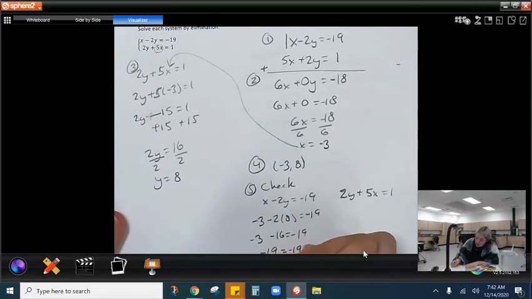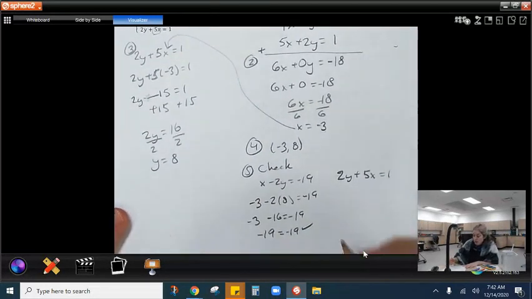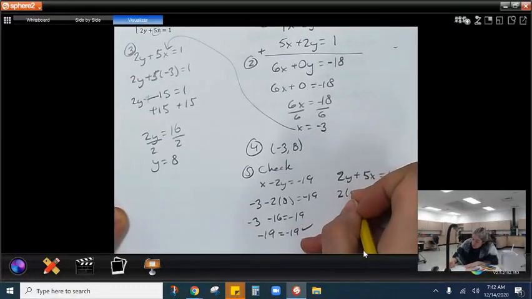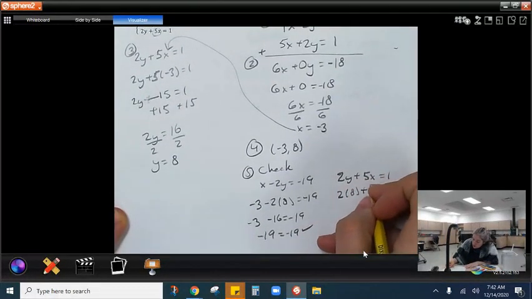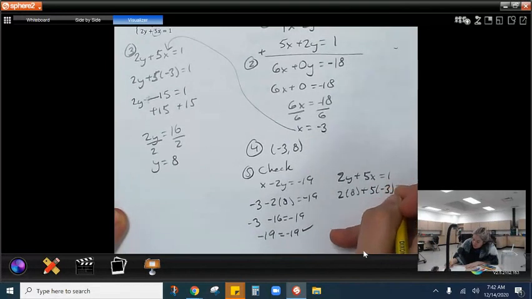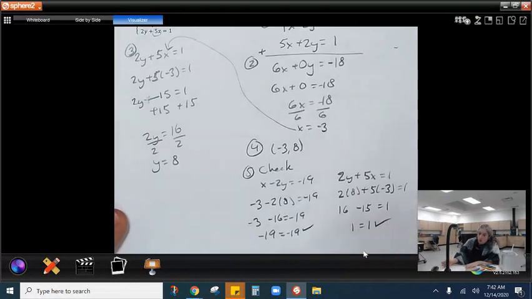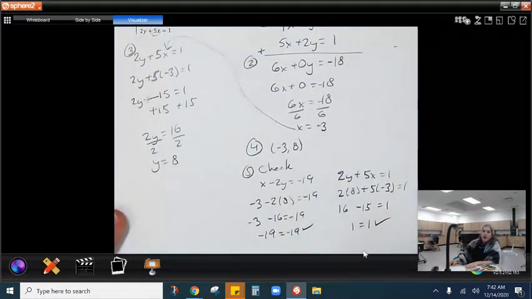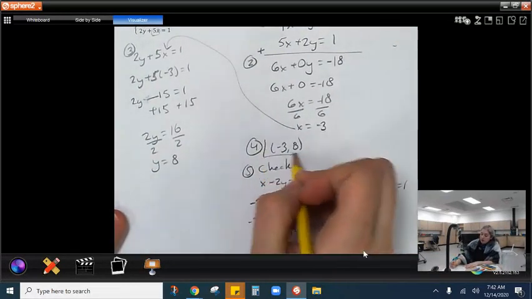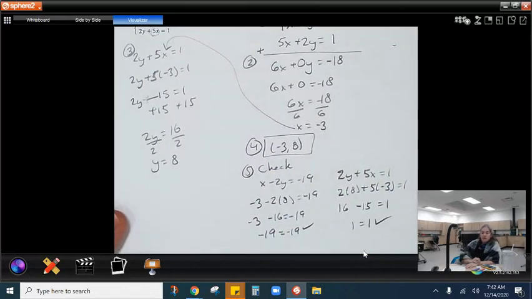Does negative 19 equal negative 19? Yes, it does. And then for this one, we'd have 2 times 8 plus 5 times negative 3. 2 times 8 is 16. Negative 3 times 5, excuse me, is negative 15. 16 minus 15 is 1. Does 1 equal 1? Yes, it does. So we have, in fact, checked and proven that this is our final answer, negative 3, 8.